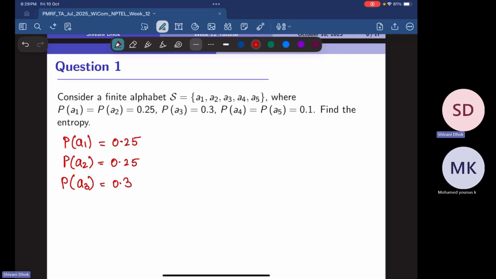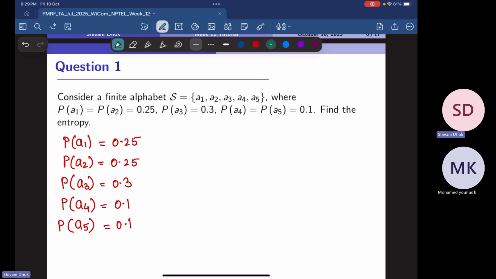And then the probability of A4 and the probability of A5 are both 0.1. This is given to us, and what we need to find out is the entropy of this particular alphabet.